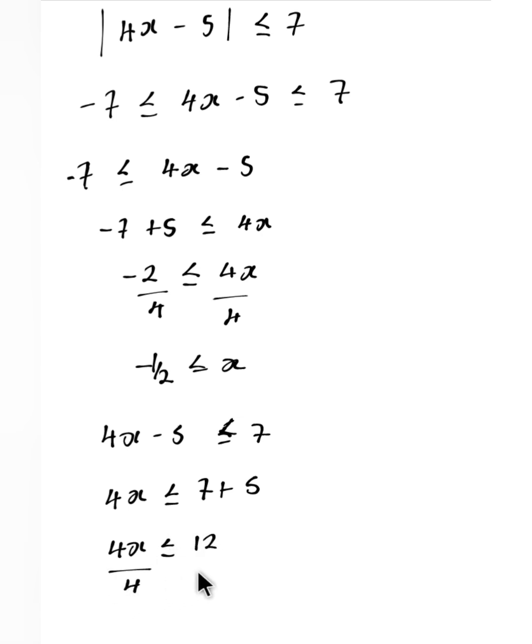We divide both sides by 4. 12 over 4 is 3, so x is less or equals to 3. So the two answers we have for x are minus 1 over 2 is less or equals to x, and x is less or equals to 3. By the time we merge both together, we have minus 1 over 2 is less or equals to x and this is less or equals to 3.